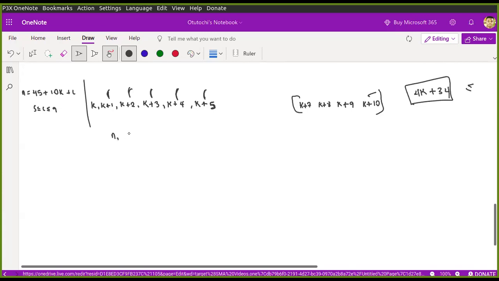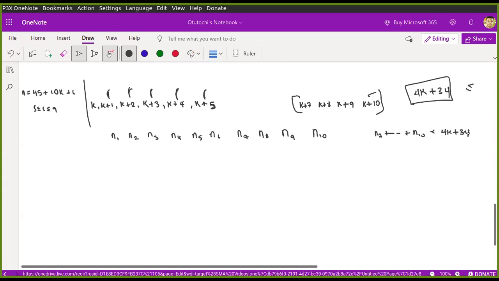Let's say we have N1, N2, N3, N4, N5, N6, N7, N8, N9, and N10. Let's say we have another distribution such that the sum N7 plus N10 is less than 4K plus 34, right? We are trying to show that this is not possible.